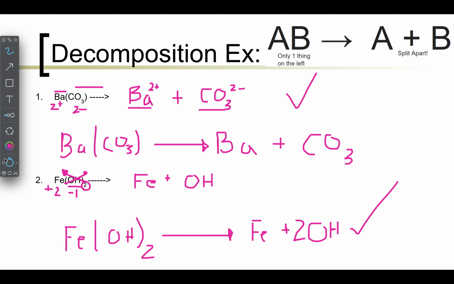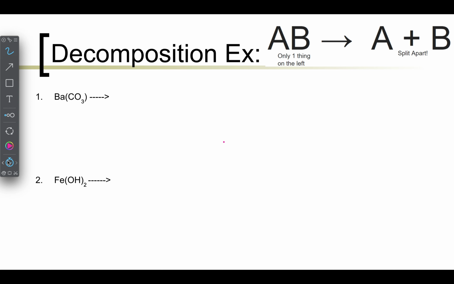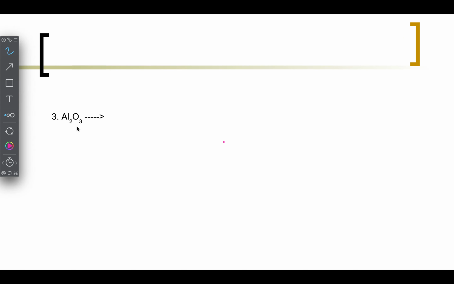Woohoo! We are going to do one last example. Okay, so this is Al2O3, right? Again, we see that Al, we don't necessarily know that charge. Oxygen, we know that charge, right?